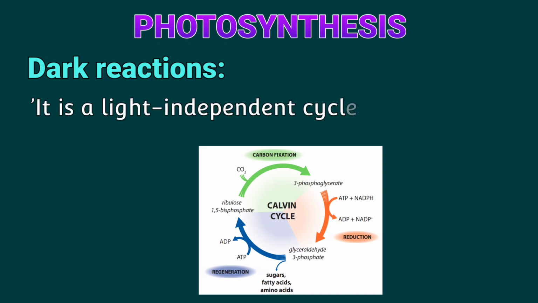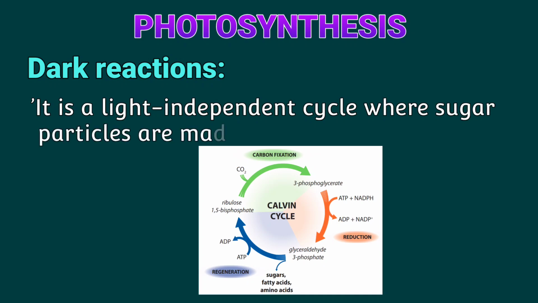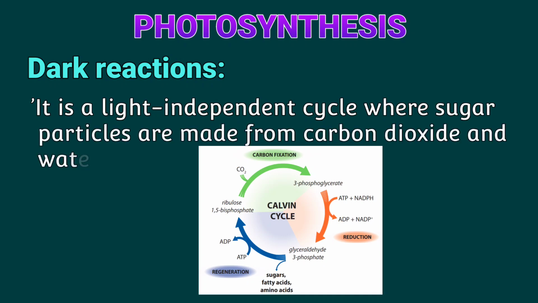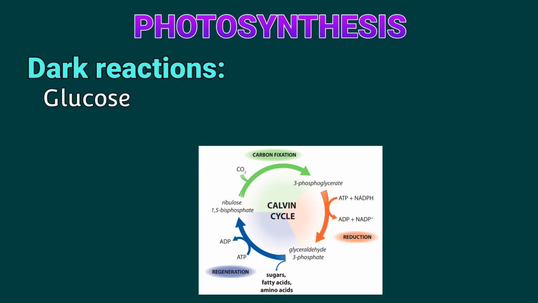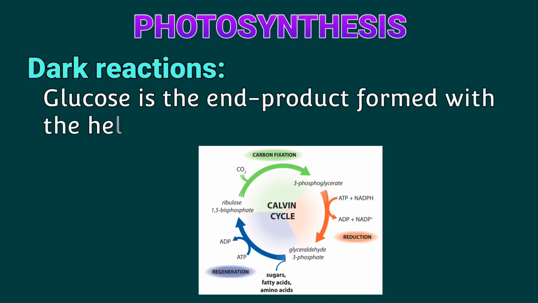It is a light independent cycle where sugar molecules are made from carbon dioxide and water. Glucose is the end product, formed with the help of ATP and NADPH.